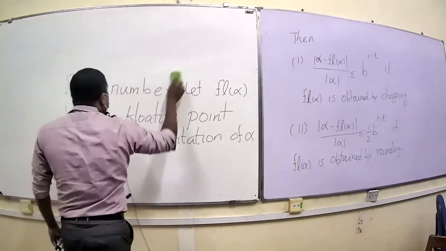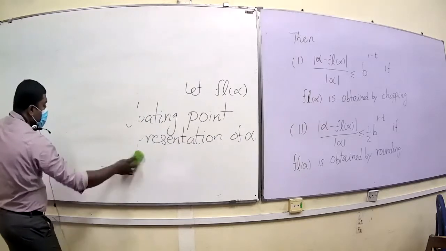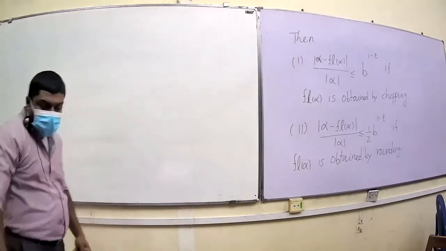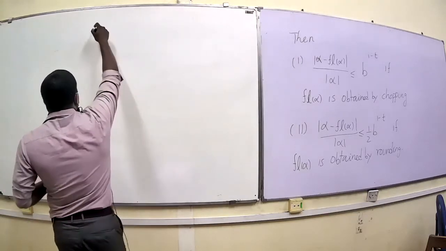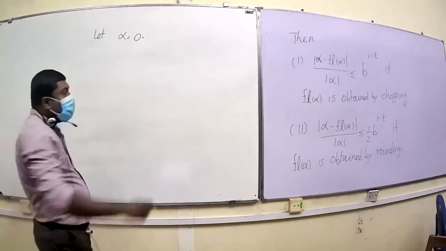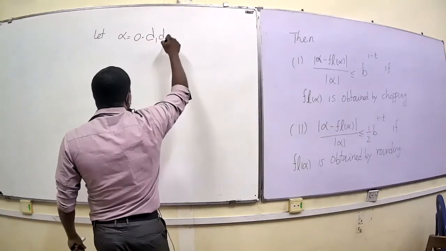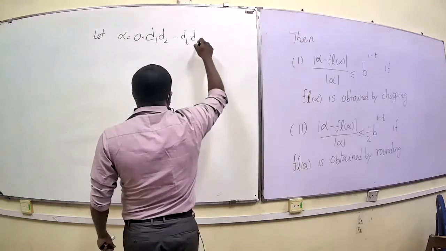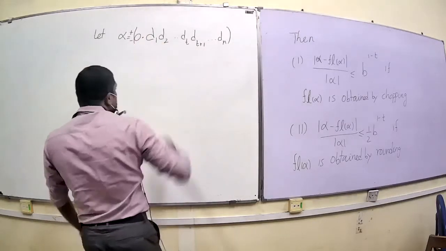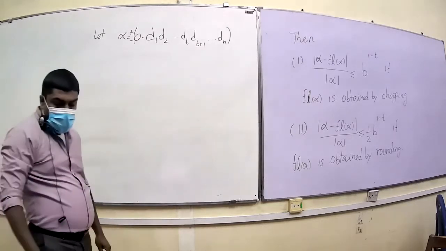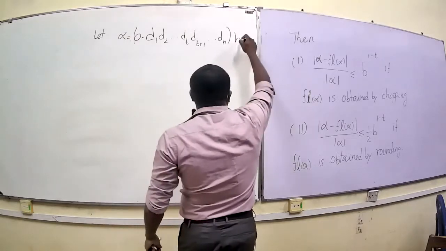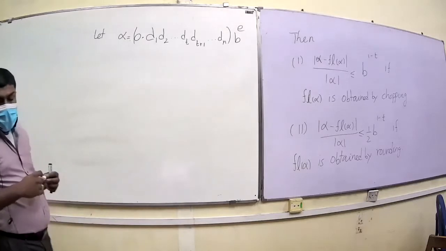So if alpha is given, then you can write alpha in the standard scientific notation, that is, a fraction times an exponent.